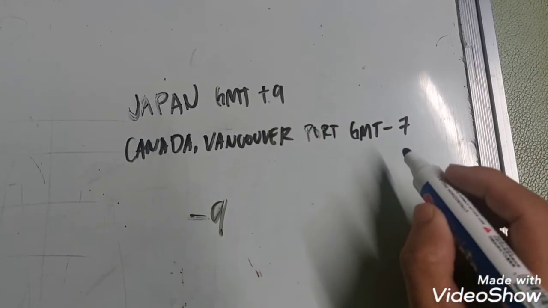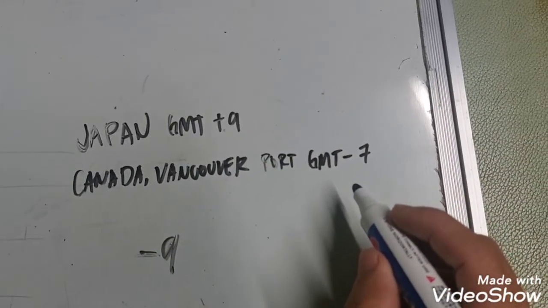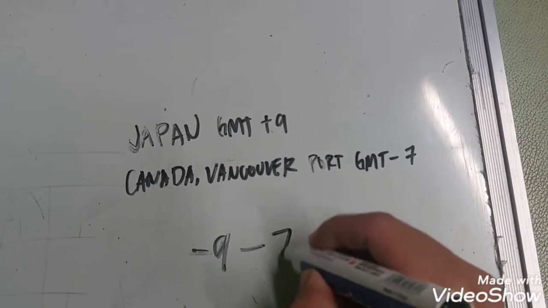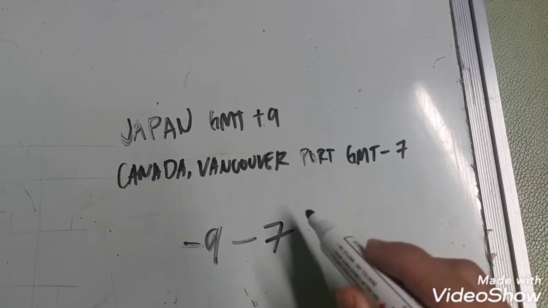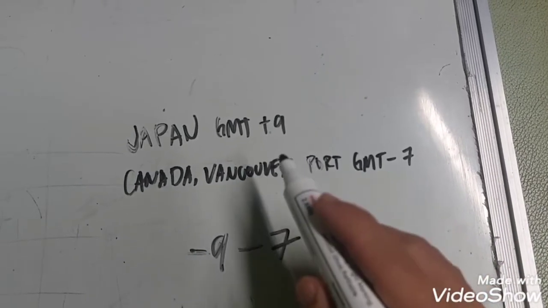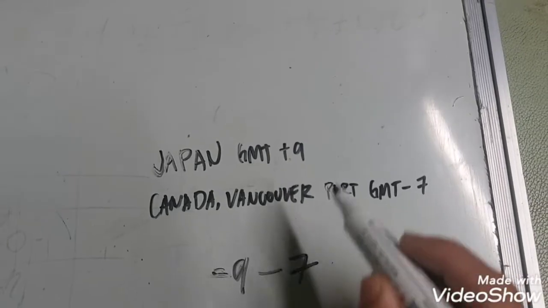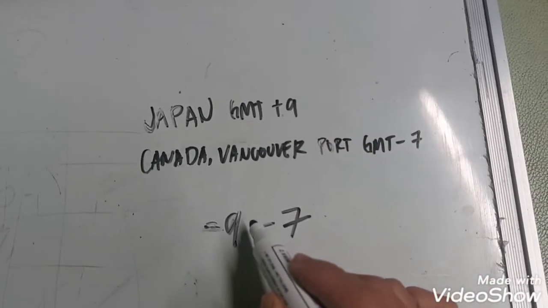And then you add the port of your destination, which is Canada, -7. You will not reverse the sign of that. You just need to reverse the sign of the place of your departure. That's why +9 becomes -9.